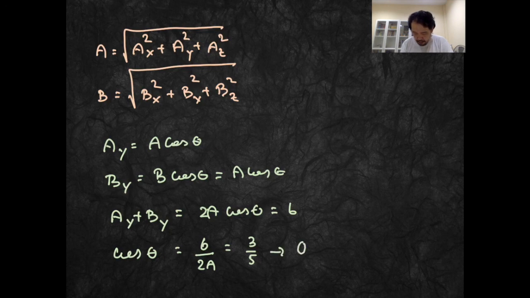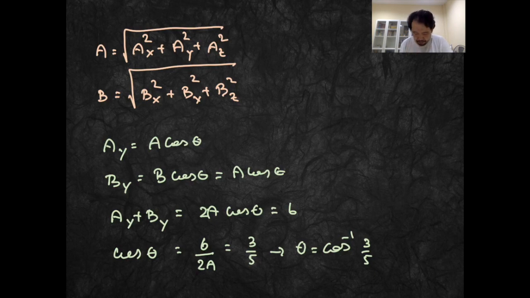What we have is that theta is the arc cos of 3 over 5. The arc cos is the inverse function of cos. When we write it as cos to the power of minus 1, it does not mean 1 over cos. It is the symbol for the inverse function of cosine. It means that if cos theta equals x, the arc cos, or cos to the power of minus 1, of x is equal to theta.